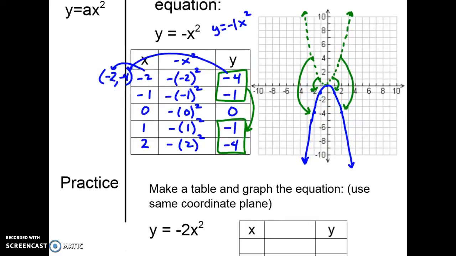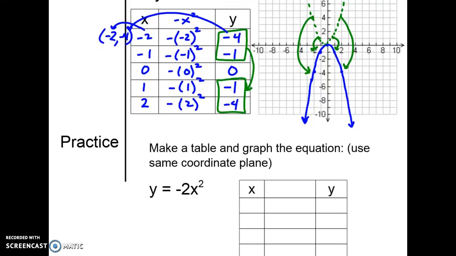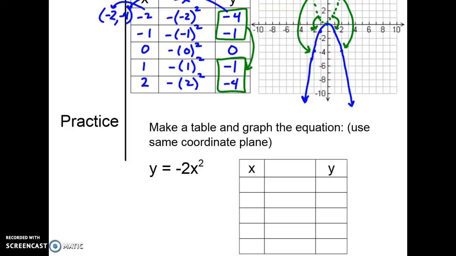The next thing we're doing on this slide is making a table for y equals -2x squared. We put -2x squared in the middle, and we use those same points: -2, -1, 0, 1, and 2. The x values we use will change when our equations get a little longer, but for now we're just using these 5.